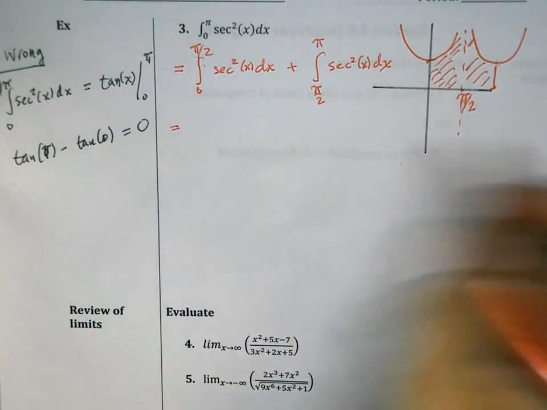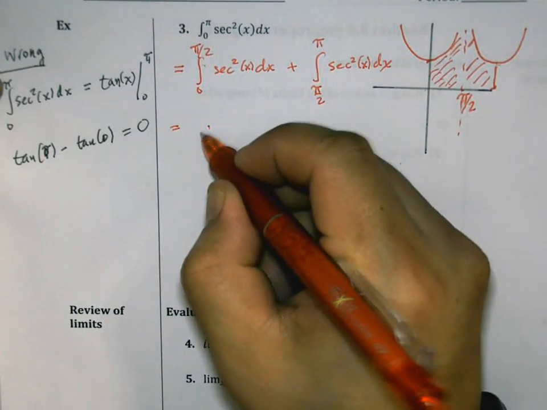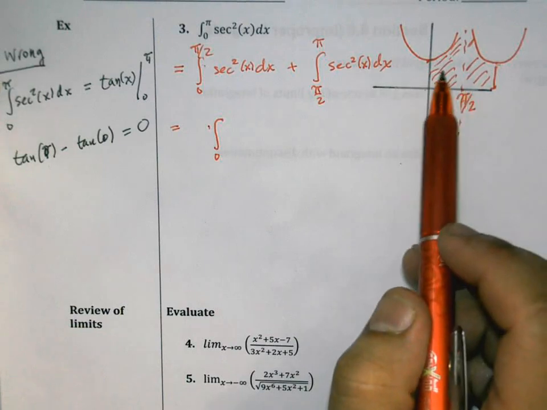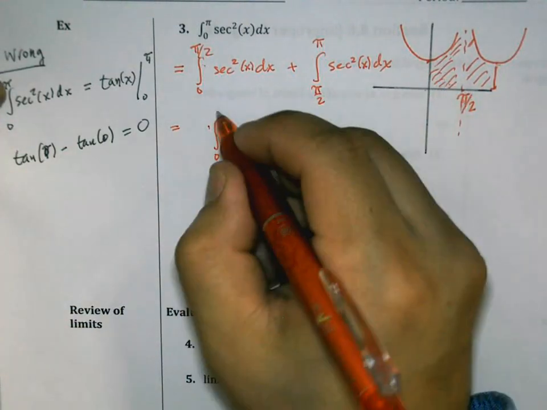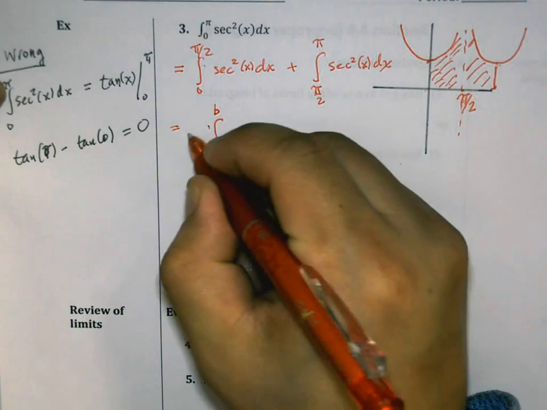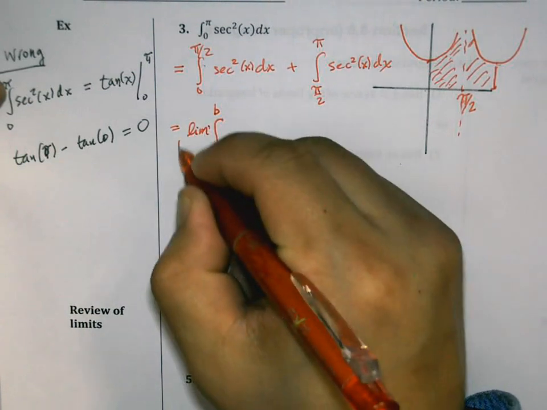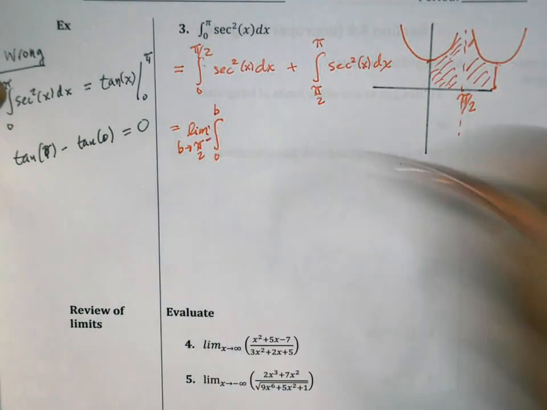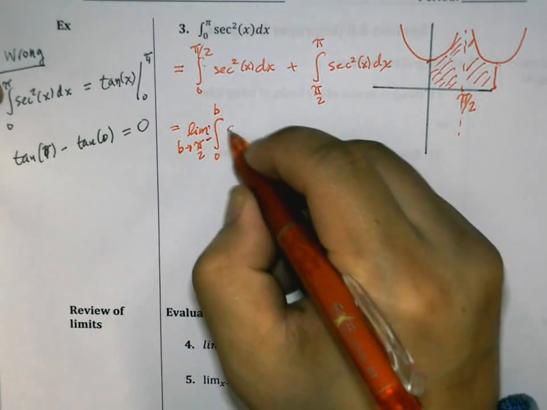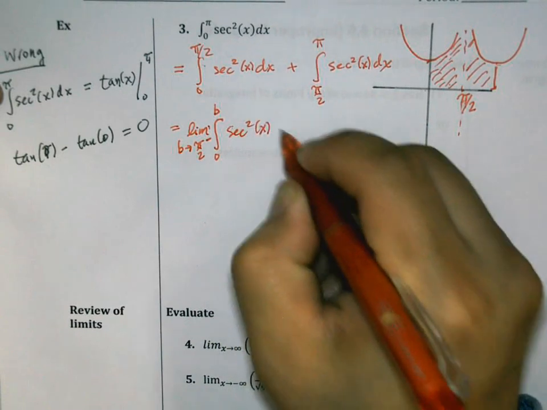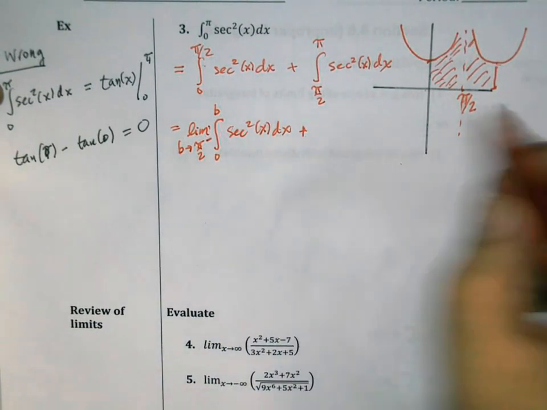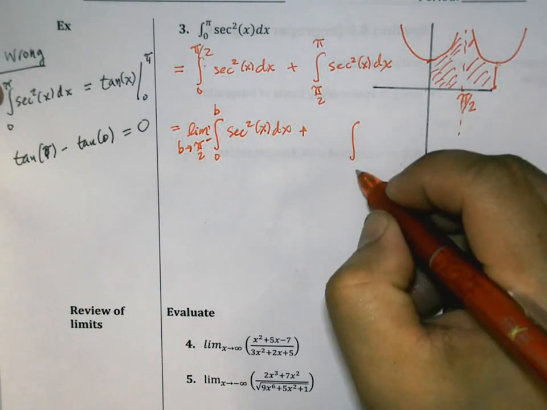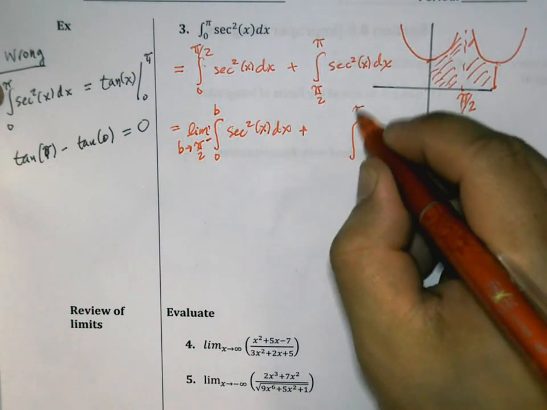So the first integral here, we're going from 0 to pi over 2, but we can't ever actually reach pi over 2, so we're going to say from 0 to b and take the limit as b approaches pi over 2 from the left of secant squared dx, plus the integral from pi over 2 to pi.